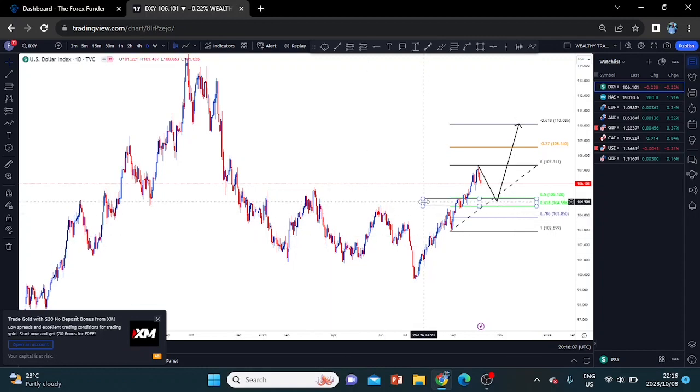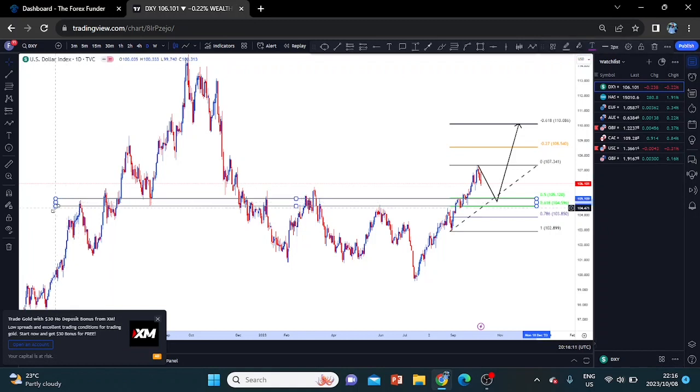And if you check the accuracy of a Fibonacci, it will give you all the support and resistance on that level. So the 50% is a support or resistance, the 61.8 level is a support or resistance.